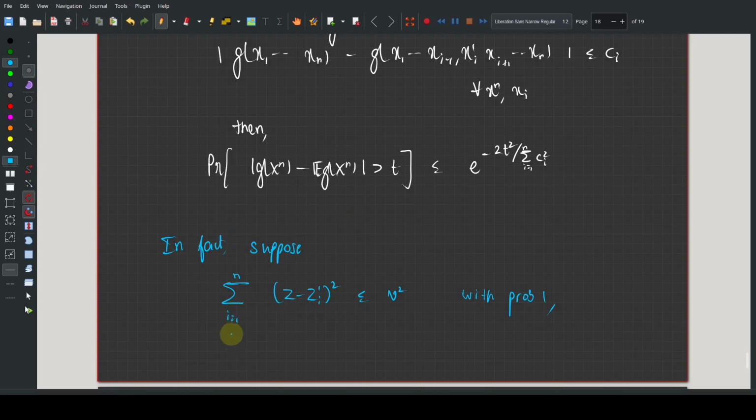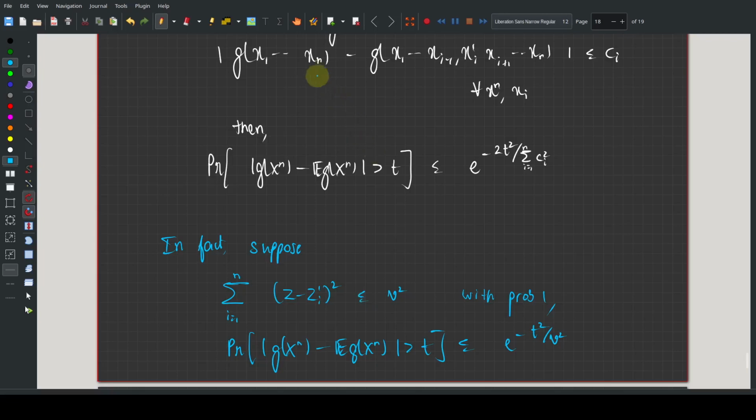If this happens, then the probability that g of x deviates from its expected value by t can be bounded by e to the minus t squared divided by v squared. This is helpful in applications where, for example, you're looking at the largest eigenvalue of a random matrix.